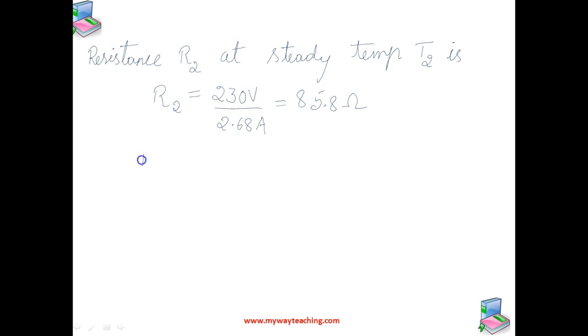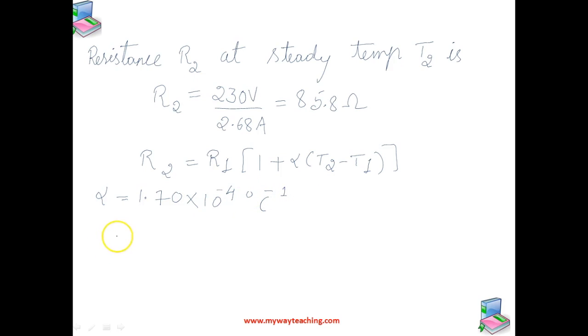Using the relation that we know, R2 is equal to R1 into 1 plus alpha times T2 minus T1, and alpha is given as 1.70 into 10 raised to minus 4 per degree Celsius. We know the R2 and R1 values.